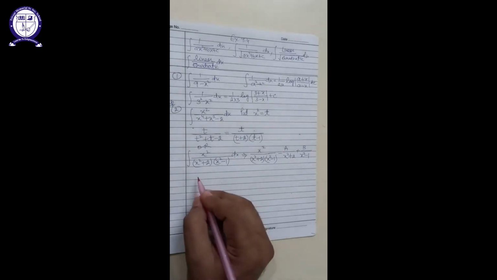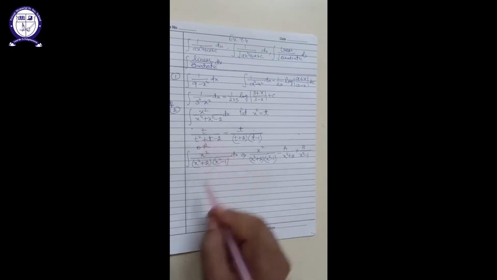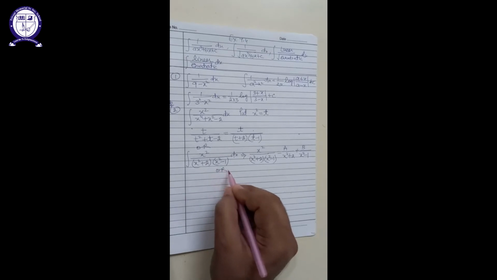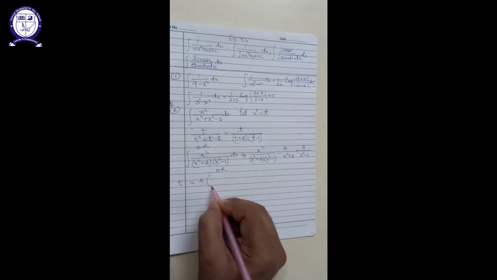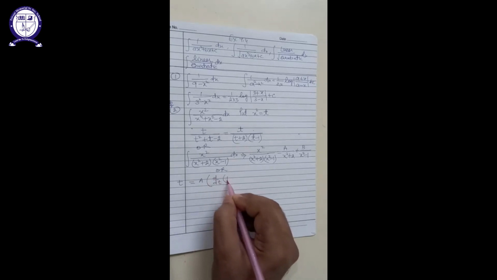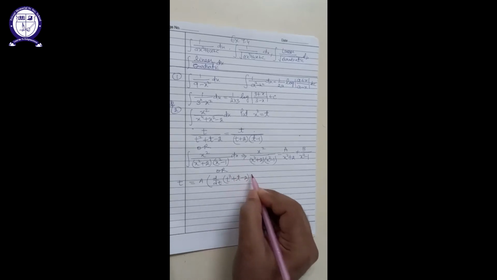Or linear upon quadratic, you can solve like that: linear is equal to a times the derivative of the quadratic plus b.